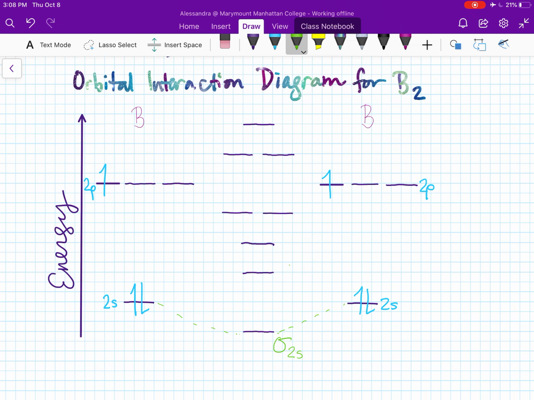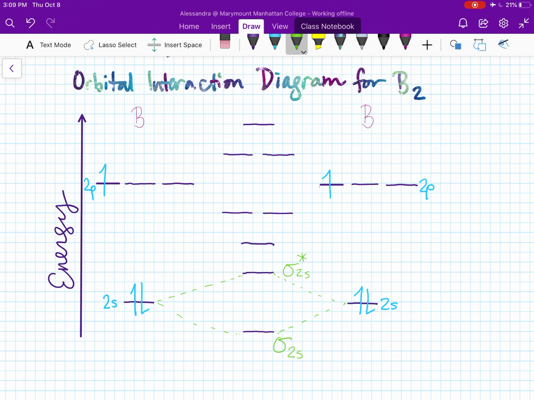Equal and opposite would be the sigma star 2s orbital. This is the anti-bonding orbital that's higher in energy than the atomic orbitals that give rise to it. So we have the sigma stabilized MO and the sigma star destabilized anti-bonding MO.